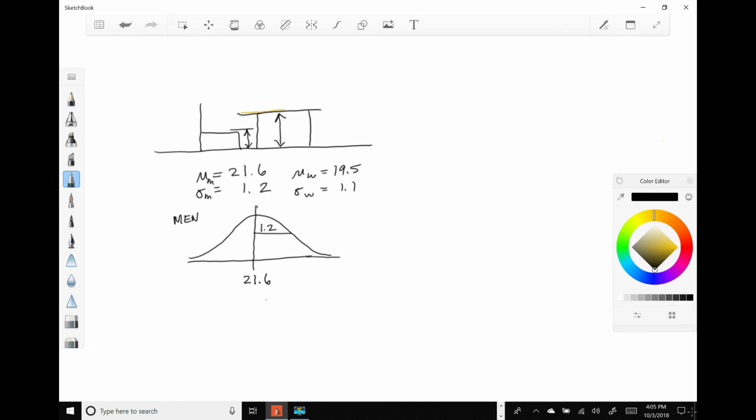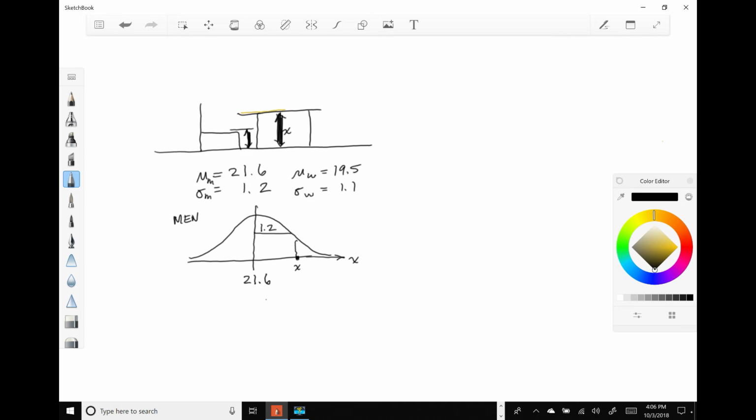So when they say what is the minimum table clearance required to satisfy the requirement of fitting 95% of the men, what they're asking for is a table clearance, let's call that X. They want a value of X such that 95% of the men have a knee height less than or equal to X. You want this height here to fit inside of this height here.